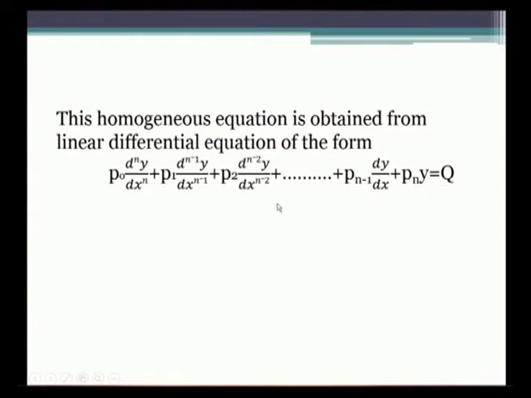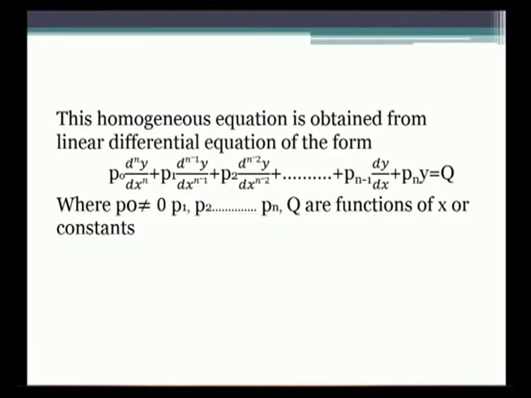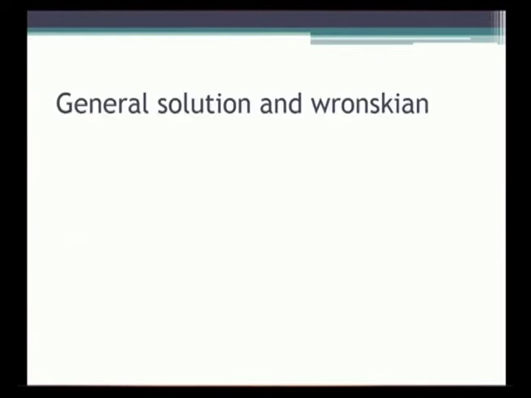From this equation, the above second order linear homogeneous equation is obtained. In this equation, P0, P1, P2, Pn minus 1, Pn and q are all functions of x or constants. Then P0 should not be equal to 0, that is the condition for this linear differential equation.